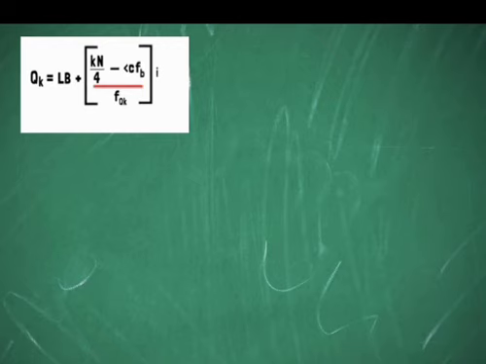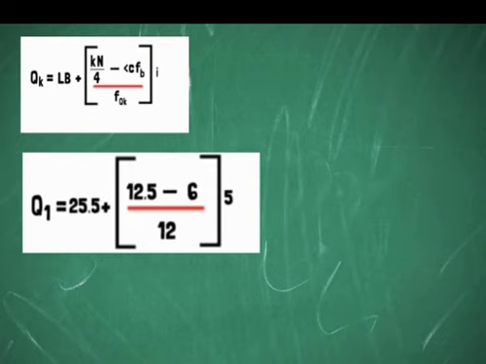Our lower boundary is equal to 25.5. Our k times n divided by 4 is equal to 12.5. Our less than cumulative frequency before the second class is equal to 6. The frequency of the second class is equal to 12, and our interval is equal to 5.